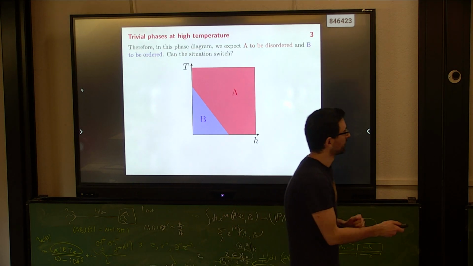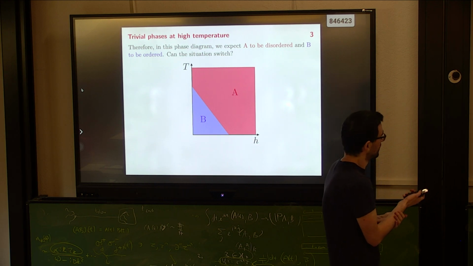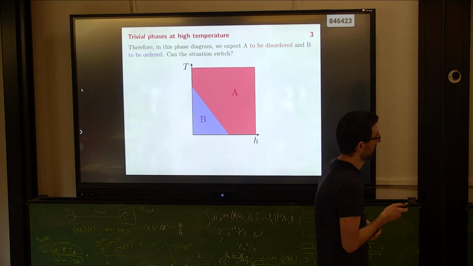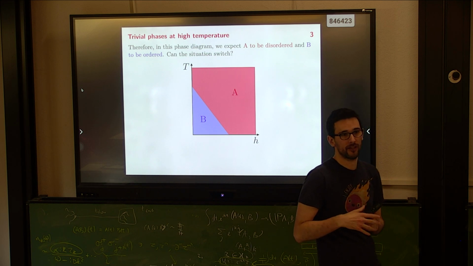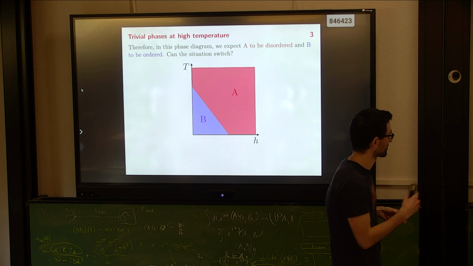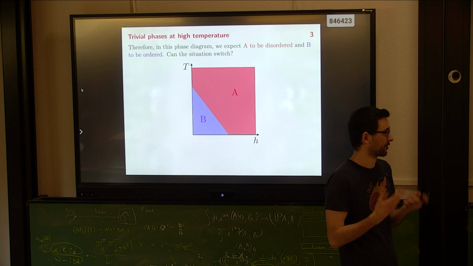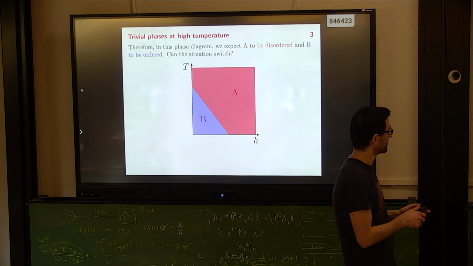And therefore, if we look at this kind of qualitative phase diagram, we have temperature on the y-axis and some tuning parameter h. This could be anything other than temperature. On the x-axis, maybe this is some kind of external field or other tuning parameter in our theory.